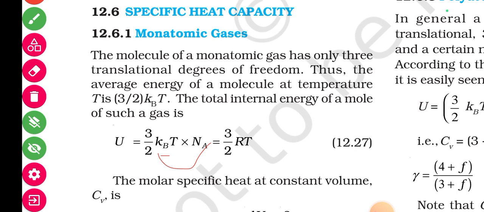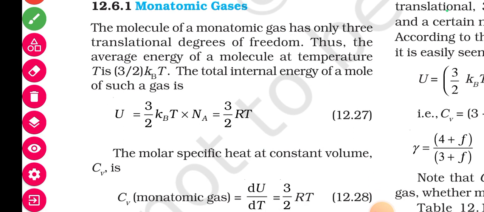So the thumb rule is, if there is R we are talking about 1 mole, and if there is k we are talking about one molecule. So this is 3 by 2 RT, the total energy of 1 mole of a gas.